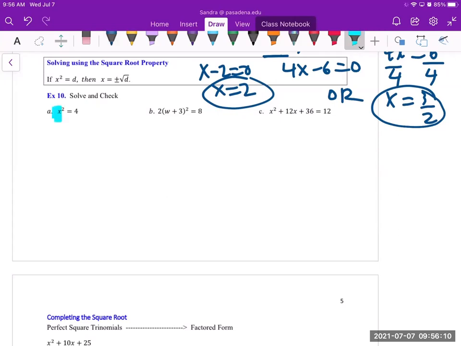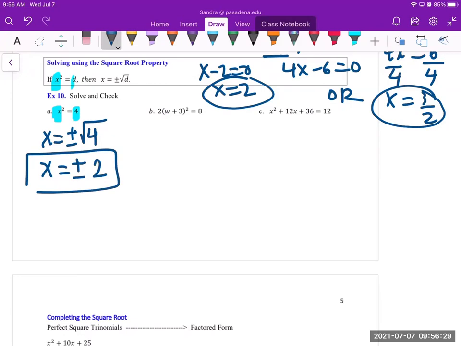This satisfies the condition that one side is squared and equal to a number. So x is equal to plus or minus the square root of that number. So x is equal to plus or minus 2. I have two answers: x is equal to 2 and x is equal to negative 2.